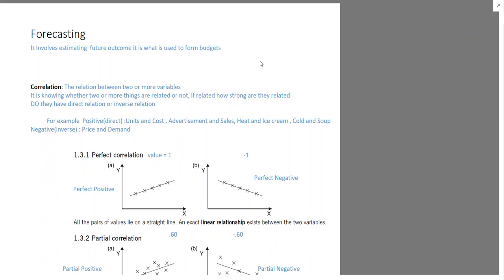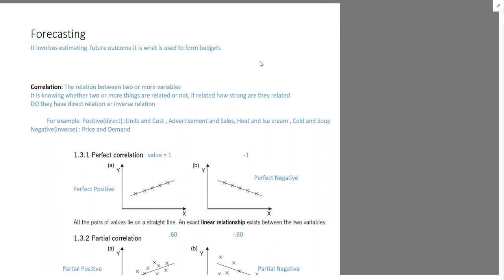The first thing we will look at in this chapter is correlation. Whenever we want to predict an outcome, mostly sales, units, cost, anything that we want to predict, we want to see its relation with something.